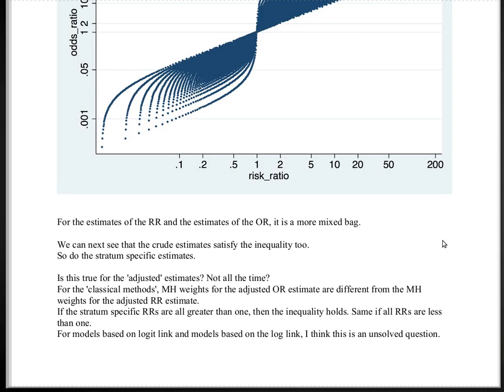It turns out that this is a little more complicated if we're using, say, a stratified analysis with Mantel-Haenszel methods, or maximum likelihood methods. The adjusted odds ratio and the adjusted risk ratio may not directly satisfy this inequality. So I'm going to leave it at that, except to point out that this particular topic is still an active area of research. And with that, I will close session number 3.